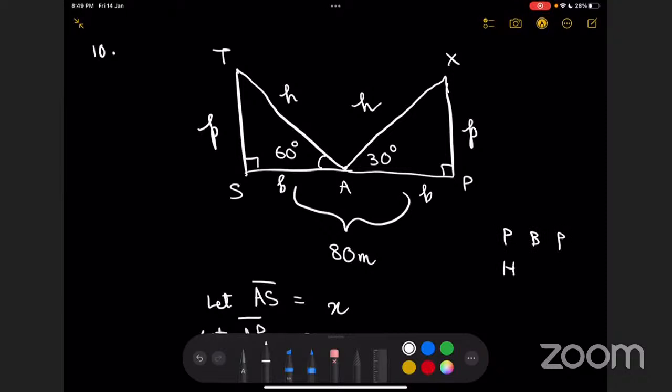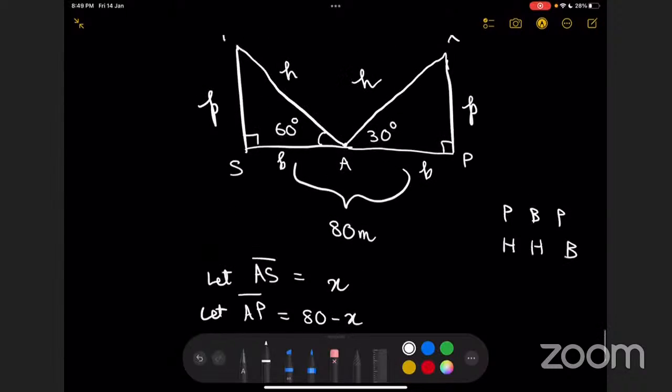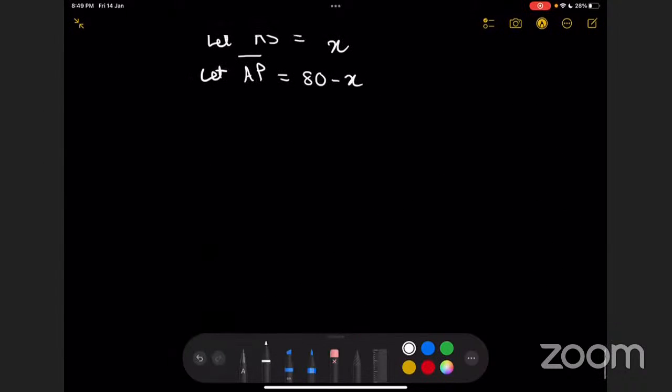We can use either sine or tan, except we know the base and not the hypotenuse, so we can use tan. In triangle TSA, tan 60 degrees equals root 3.